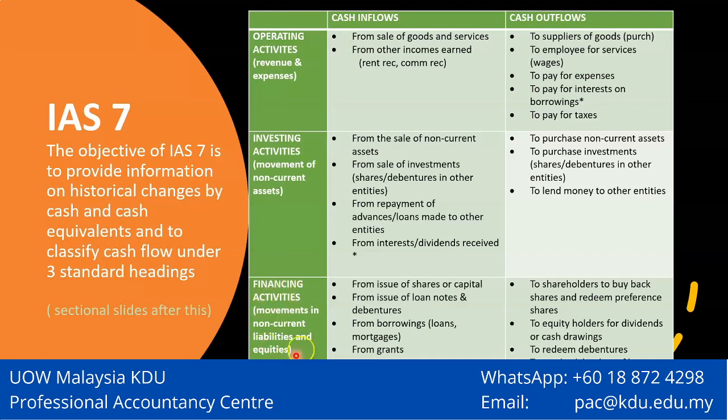Now, of course, under financing activity, you will have to pay for interest, pay dividends as returns to providers of finance. Now, we're going to look at each section one by one. This is a summary and this is available in your lecture notes, so you can look at it later. So I'm going to look at sectional slides.